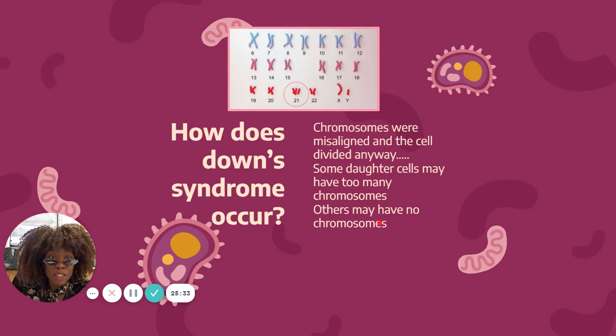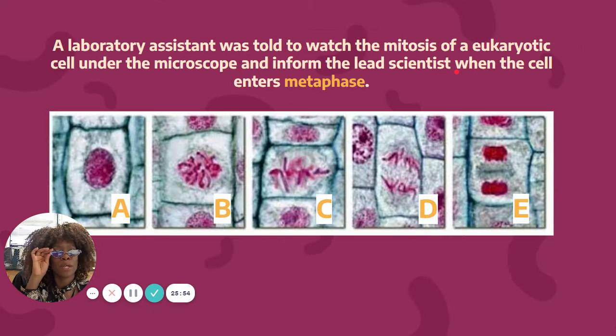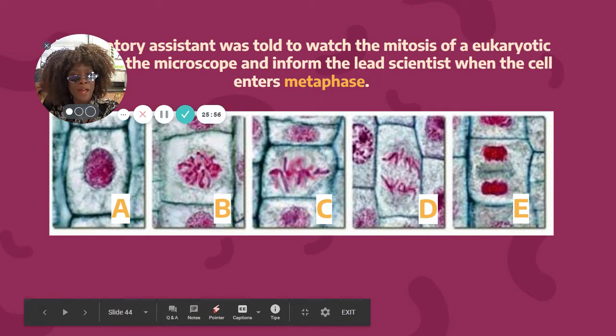So in the case of Down syndrome, some of the cells that were made do not have the right number of chromosomes. And in this case, at chromosome 21, it actually has 3. So it's called a trisomy because it has 3 when you're only supposed to have 2. Okay, like I said, we'll get into genetic disorders. I just want to throw that in there.